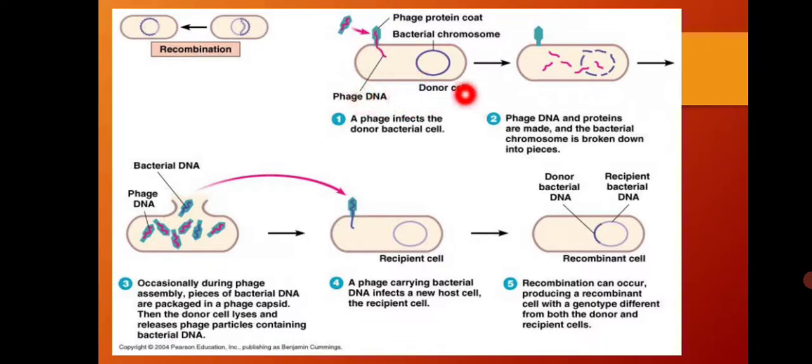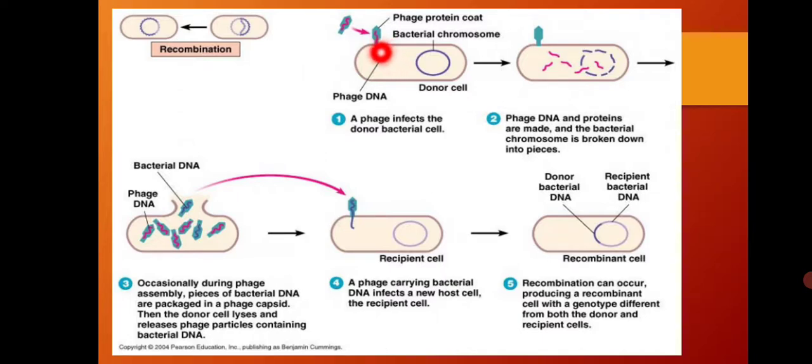This is the bacterial cell, which we can call the donor cell. This circle is the bacterial genetic material, the bacterial genome, and this is the bacteriophage, with genetic material inside the capsid head.